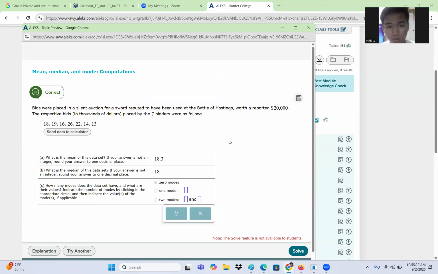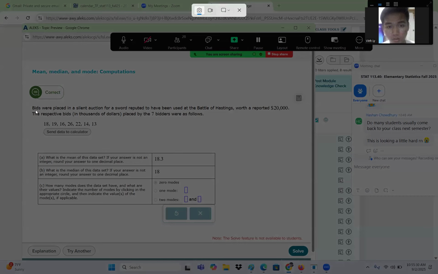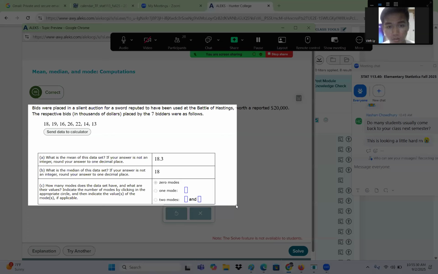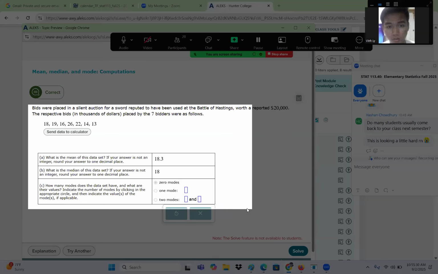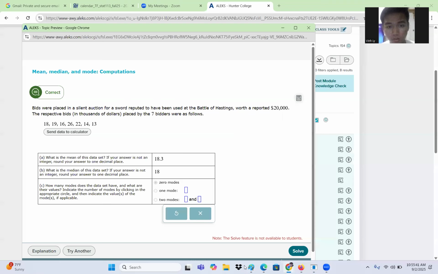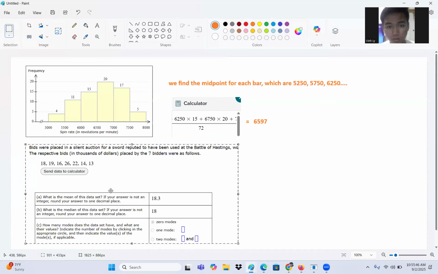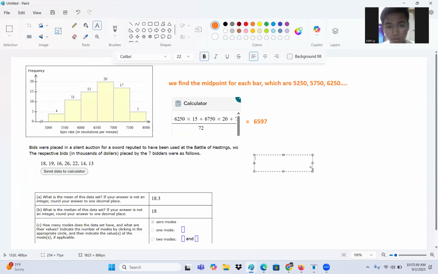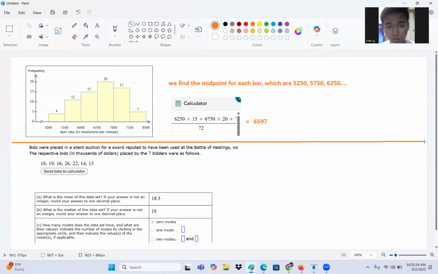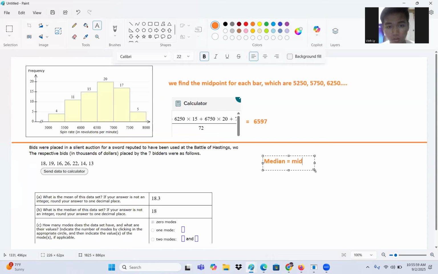All right, so this one is relatively straightforward, but it's also very important that we point out. So the median is the middle data set point.